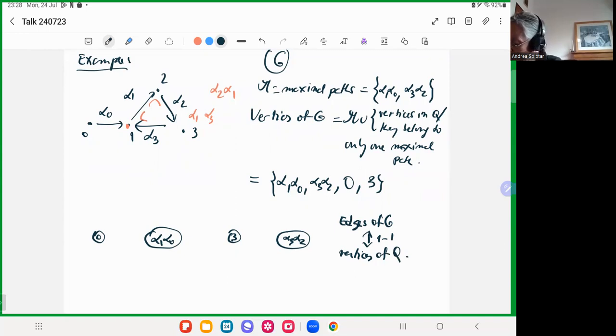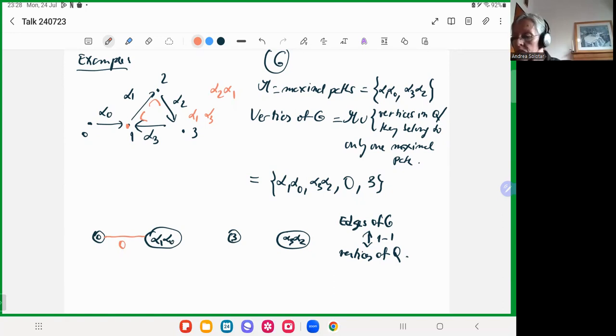Well, for example, the edge corresponding to the vertex 0 will be linking those points in the graph Xi that are, let me draw it, only these ones, because the vertex 0 in the quiver is a path through the vertex 0.